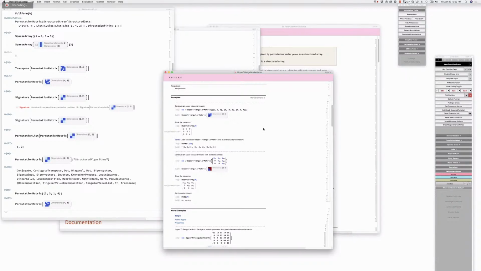So, I'm sorry, for a permutation matrix, if I just give it, okay, that worked. For an upper triangular matrix, can I give it the ragged matrix? I should be able to. It didn't seem worth it. I don't think that will, because it's still harder to specify that.